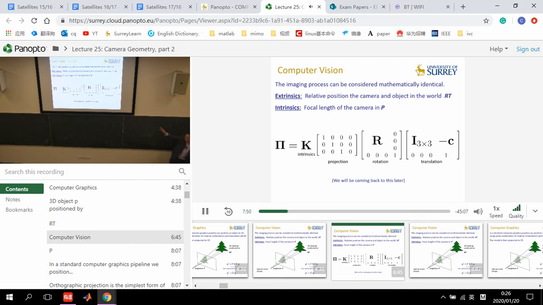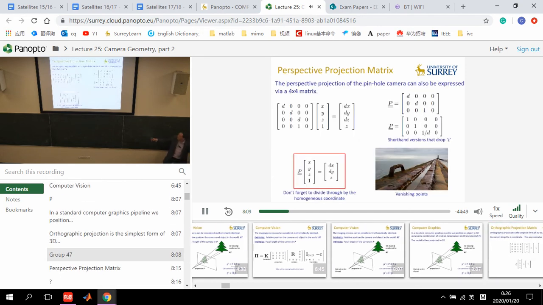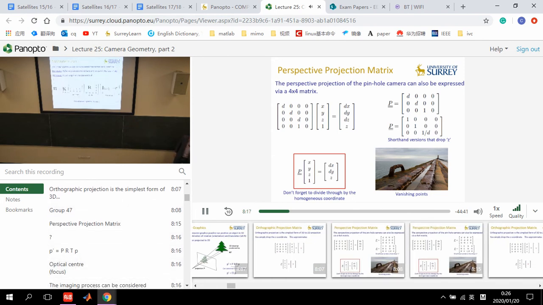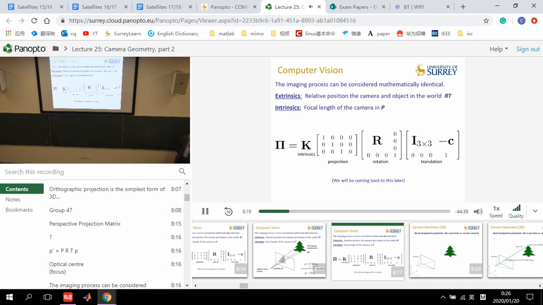So basically K has D, D, 1 down its diagonal, and that's applying that scaling onto the projection matrix to make a projection matrix which has D instead of those ones there on the first 2 rows, and that then is the P we were talking about before. And if I flip back, you can see it's equivalent to this shorthand version for P that we talked about last time, which is on the top right there.